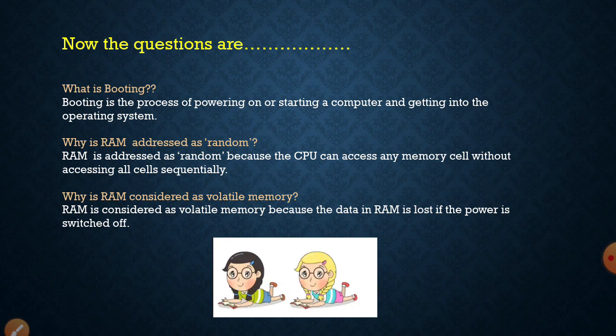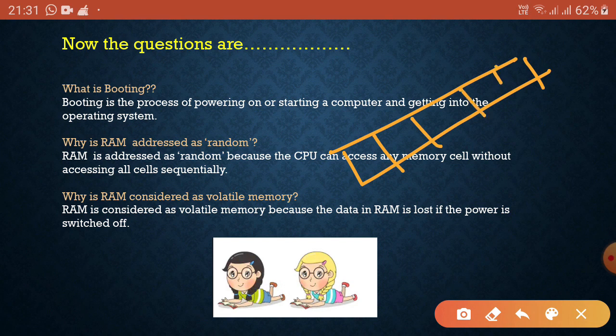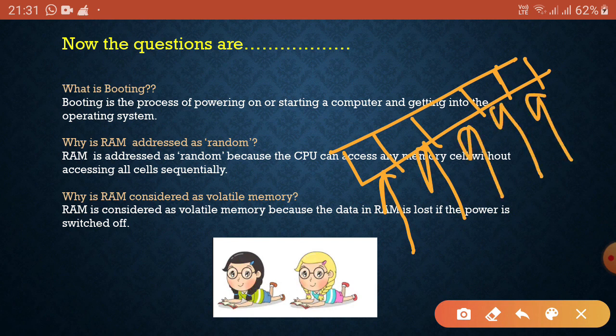Next question is, why is RAM addressed as random? RAM is addressed as random because the CPU can access any memory cell without accessing all cells sequentially. Suppose in computer memory there are so many cells, and each particular cell has an individual address.